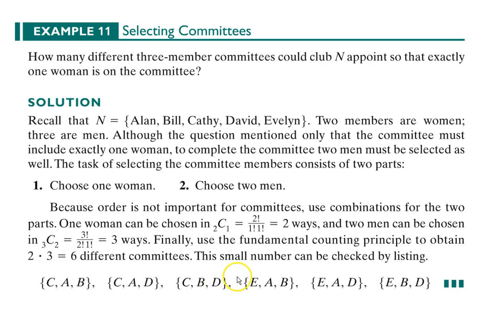So there are our committee members listed. This was the type of thing they did in that section we skipped back in 4.1, where they were actually having us go through the listing of things. Here we're using mathematical techniques and computation to figure these out.